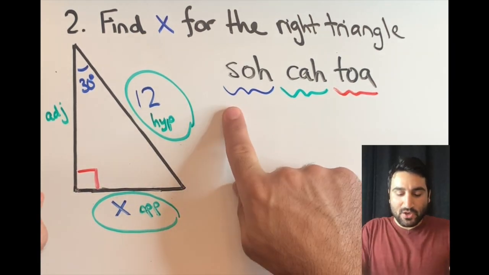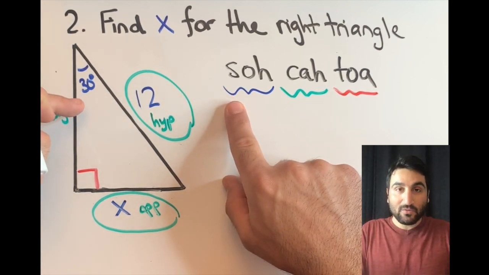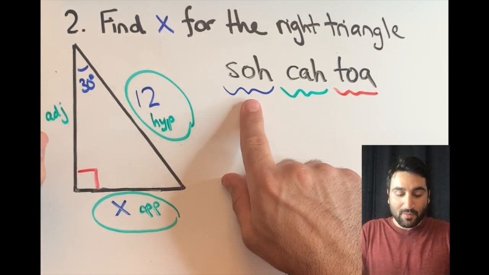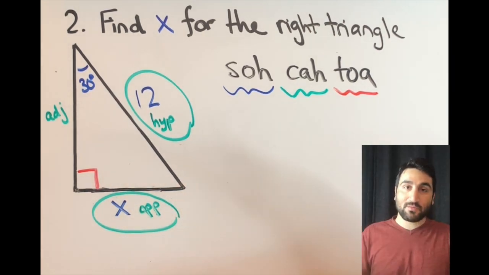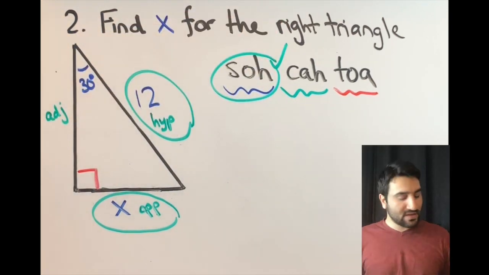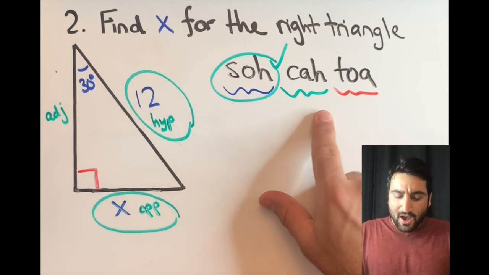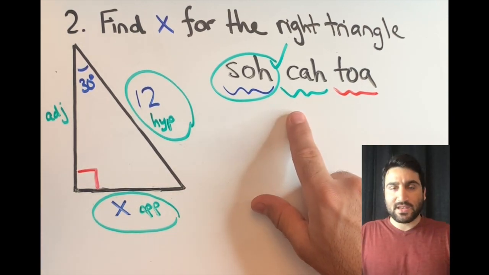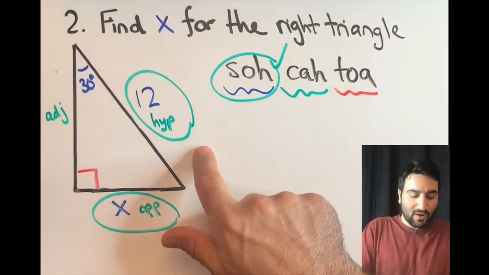So SOH stands for sine of the angle we're analyzing is equal to opposite over hypotenuse. Opposite over hypotenuse. Perfect. This is exactly what we're looking for. For sake of argument, let's look at these other two just to make sure. CAH is cosine equals adjacent over hypotenuse.